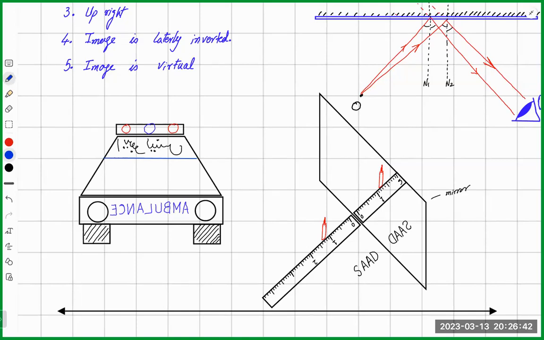Can you think of any reason why? Why do we have all the letters printed on an ambulance inverted? The answer is, when somebody sees an ambulance in a back mirror, for example, a person driving a car sees an ambulance in his side mirror or center mirror, he will be looking at an image which will be laterally inverted.